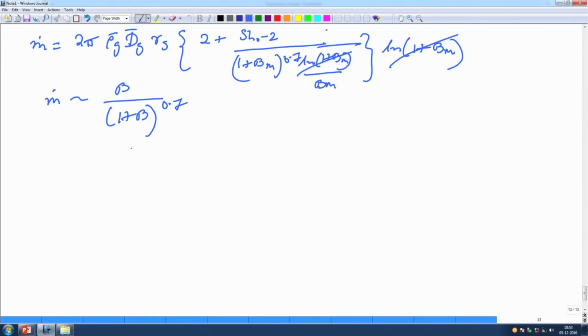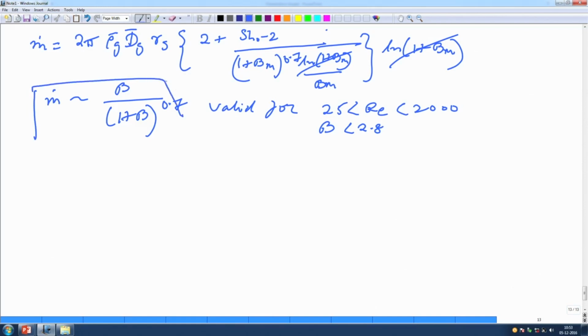So this is basically B by (1 plus B) to the power of 0.7. This is valid for a very large set of Reynolds number, actually up to 2000, and for B less than 2.8. Got it? Clear?